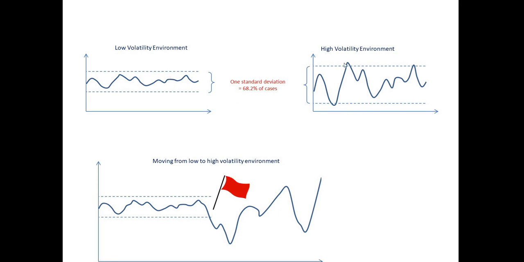But when we're talking about a high volatility environment, then our dashed lines or one standard deviation is much wider. It's much further away from the middle line of our price movement. So if you put those two together, when you move from a low volatility environment where you sold these options, and then the price swings become wild and the volatility jumps up, that's a red flag.